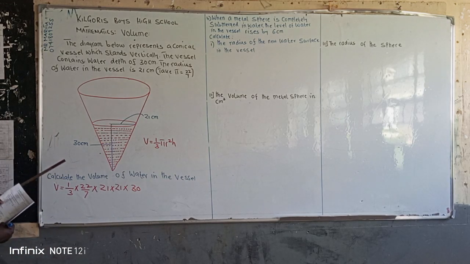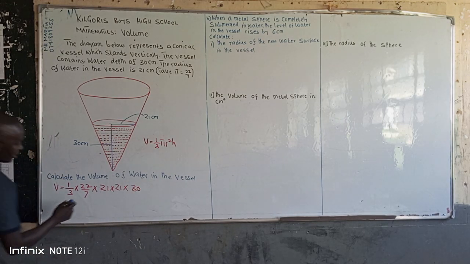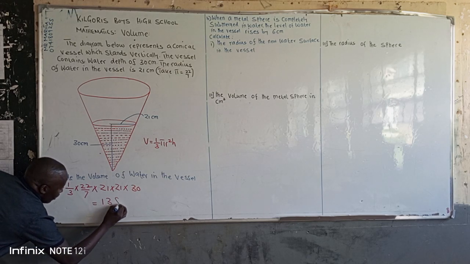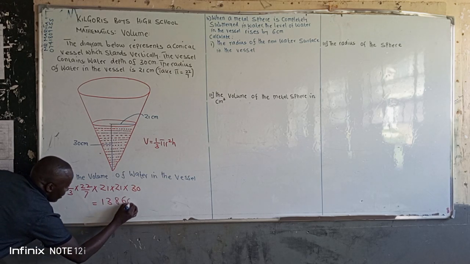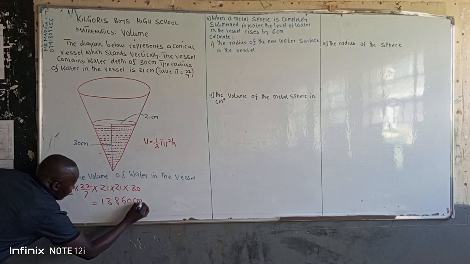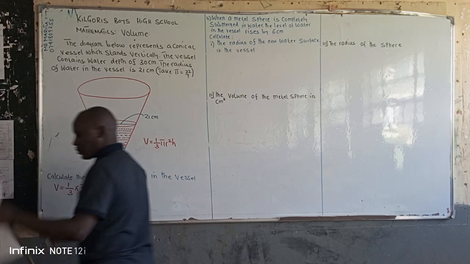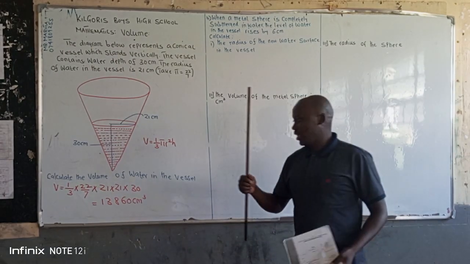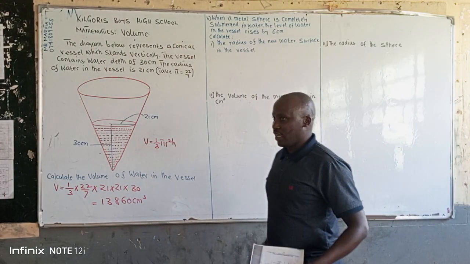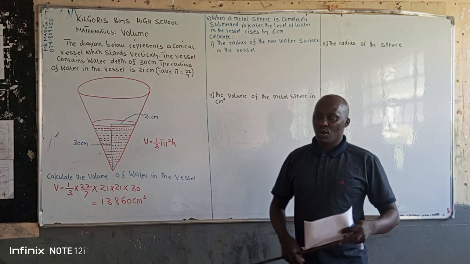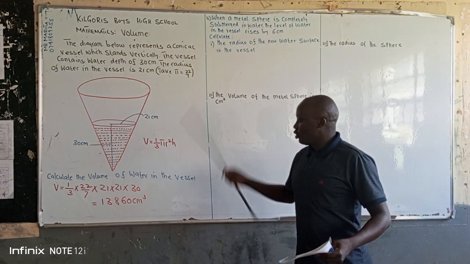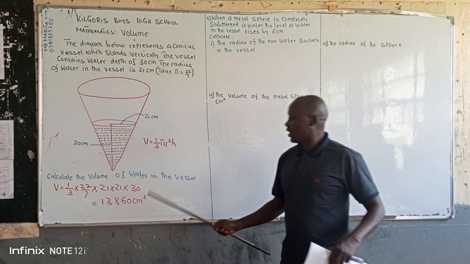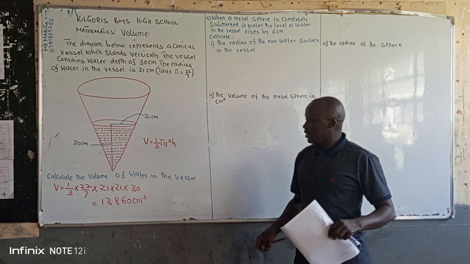If you work that out, you will get 13,860 centimeters cubed. We have not been guided whether to give the answer in significant figures or decimal places. So the volume of water in the facet is 13,860 cubic centimeters.